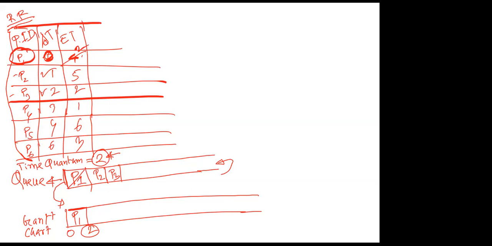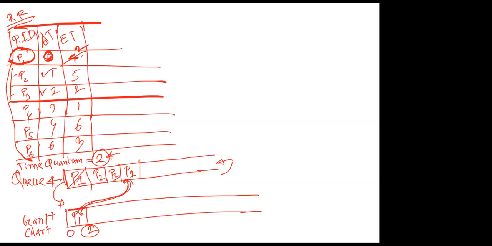So what will your operating system do? P1 goes back to the queue, at the last position. It will not be first, because P1 already got the CPU. The operating system needs to give the chance to process P2 and P3 first. So P1 will be moved next to P2 and P3.